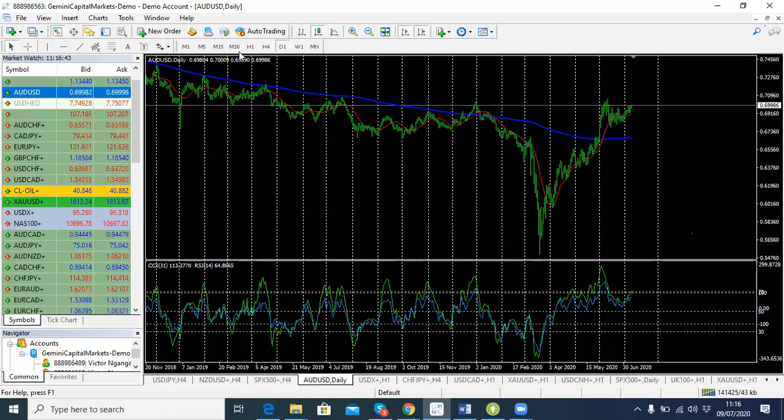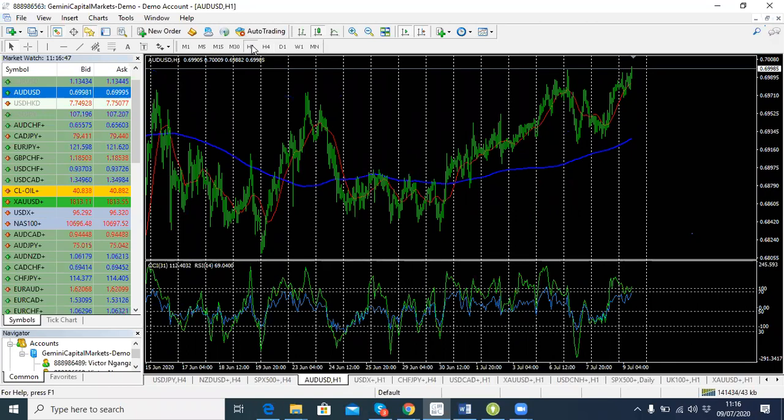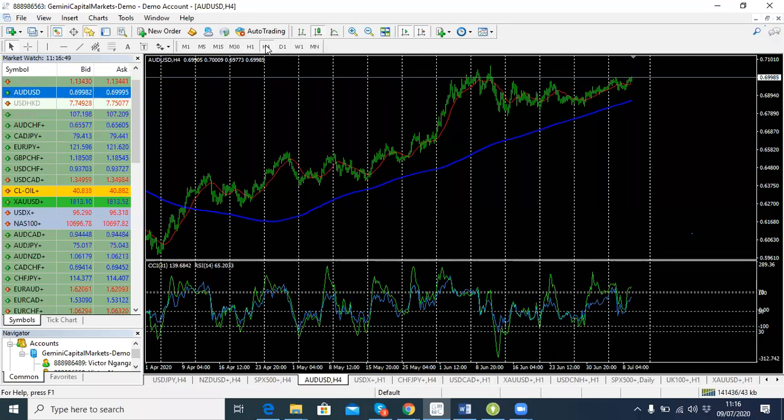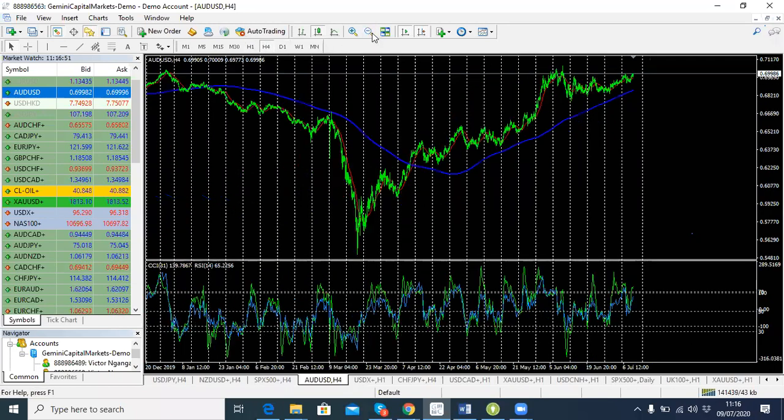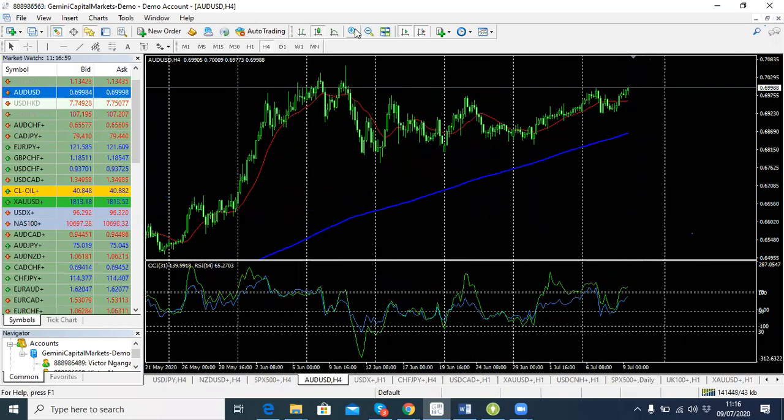That is D1, but mostly let's focus on H1 and H4 for the time being, because these are usually where most traders fall. AUD/USD has been on a steady rise, and I don't think this will change. The more the reopenings happen and the good things, also Australia has managed to reduce their rates. I don't think this trend will change anytime soon.